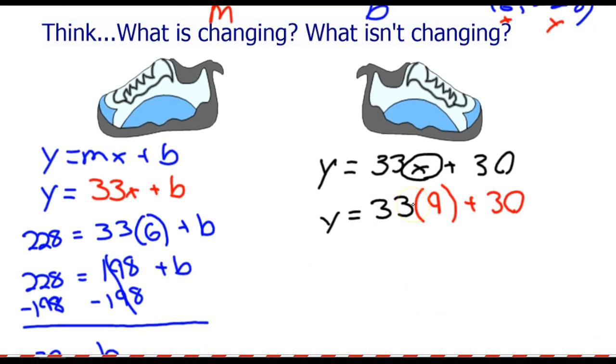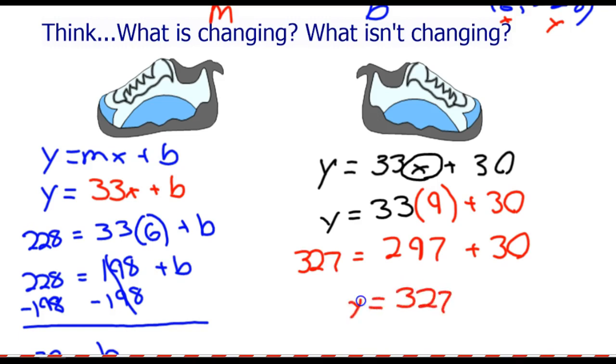So 33 times 9 gives us 297 plus 30. That's going to give us 327. So y equals 327. It costs $327 to go to our gym for 9 months.